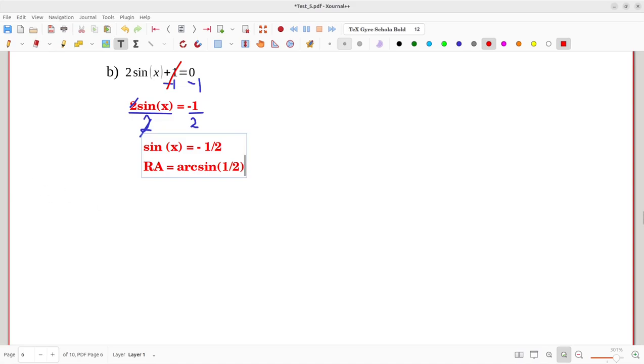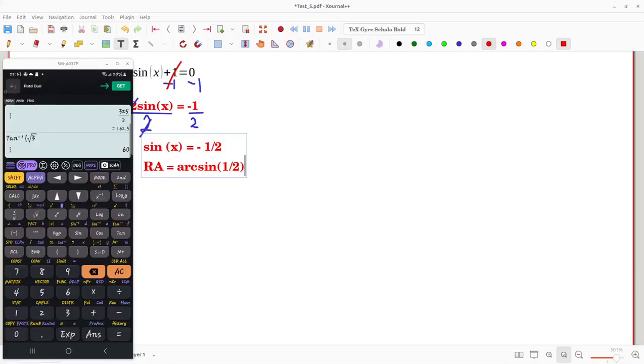So arcsine 1/2, that's 30. Let's confirm using the calculator. That's 30.